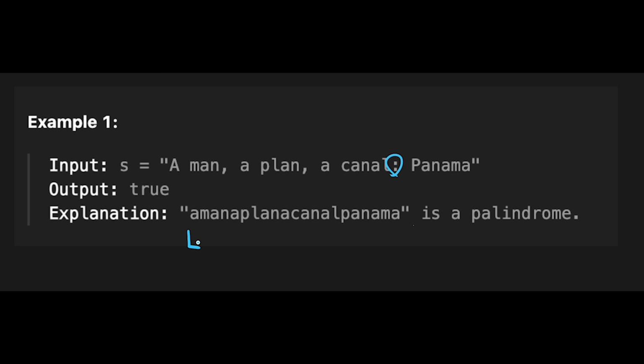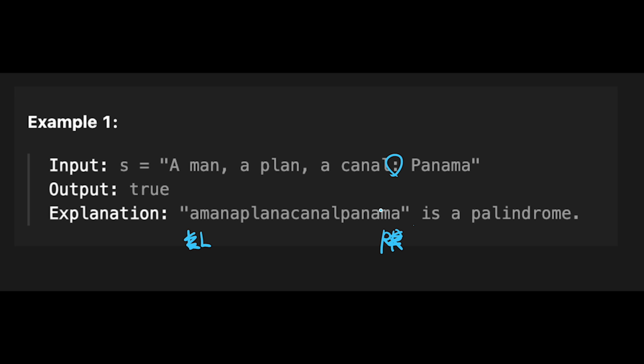One is a left pointer, starting from index 0, and the other is a right pointer, starting from the last index. We check two characters one by one, and if they are the same, we move both pointers to the next. In this case, A and A, right? So left pointer moves next, right pointer moves next, and then we check two characters again.